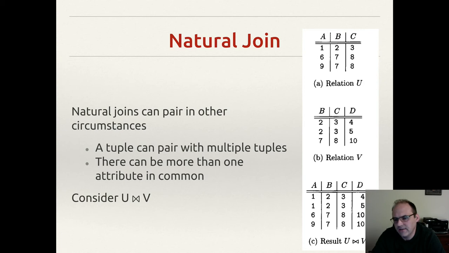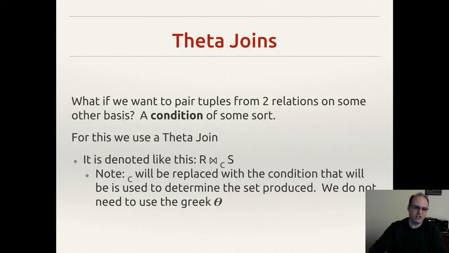So we're actually going to have one row of the third tuple in V for both of the last 2 in U, and that's what you see down here. So you have 6 and 9 for A coming down from those 2 rows, and 10 in D for both, from the last tuple of V. So that is another example of a natural join, this time using 2 attributes that match up.